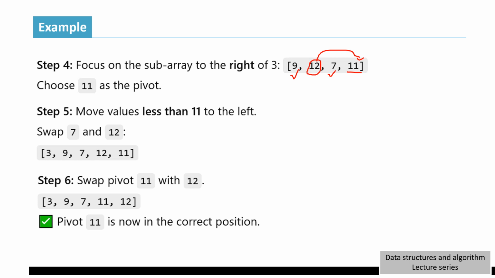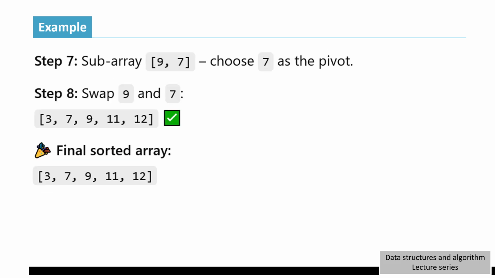So swap 7 and 12 first, which becomes 3, 9, 7. Then swap 11 and 12, and it becomes 3, 9, 7, 11, 12. Now 11 is in the correct position, right? In this way, 11 is now in the correct position.